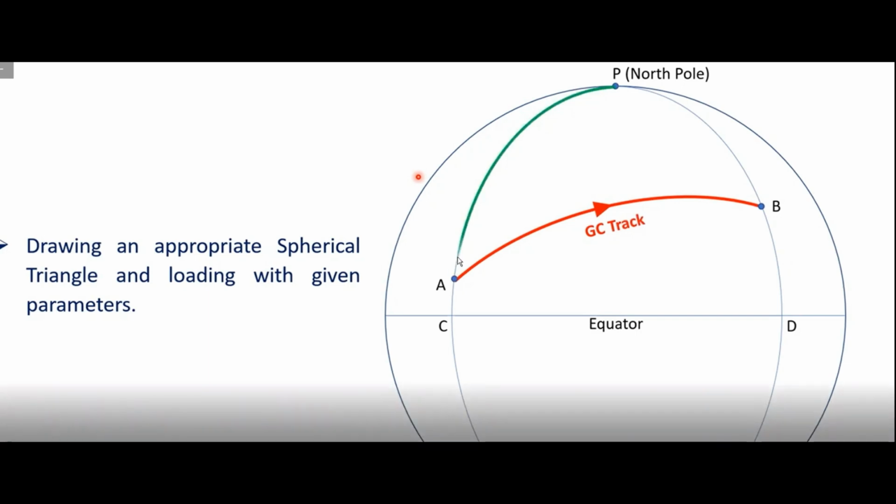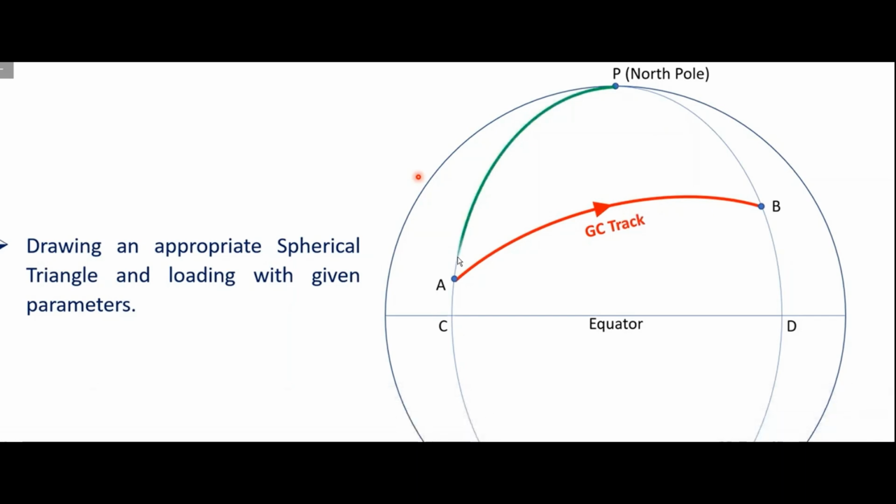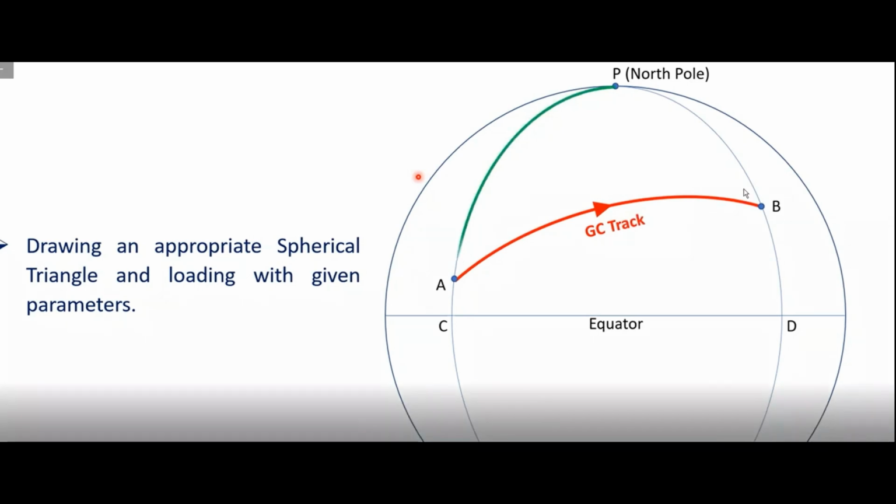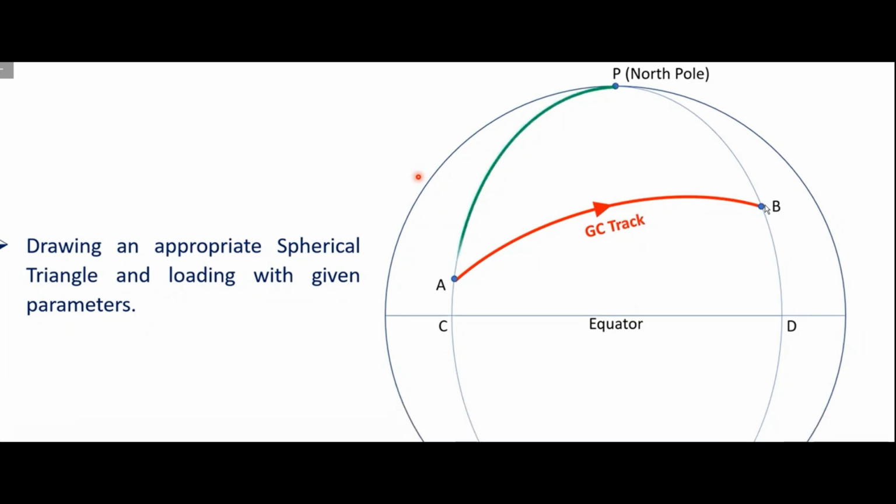Very good. It will be 90 minus latitude of A. So that is also known as colat of A. Okay. Similarly, on this side, the Papa Bravo side of the triangle will be 90 minus latitude of B. That is colat of B.